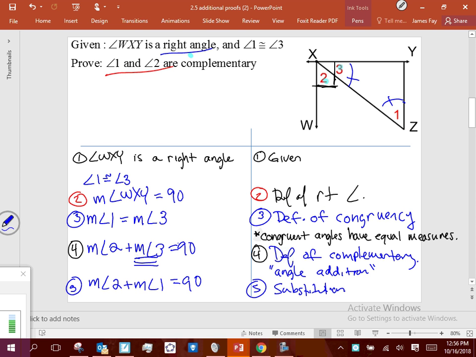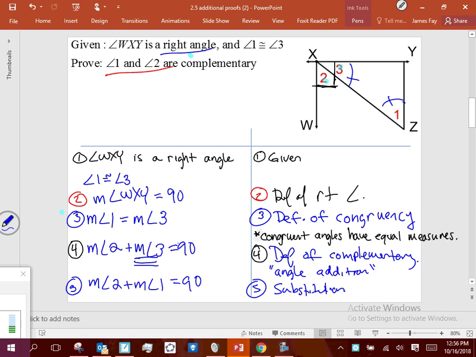And the idea here, guys, is, you might be thinking, well, he knows what he's doing. He knows what the steps are. This is the second time I've done this proof. I did it with first period, and that was the first time I did it. I'm just being able to recognize patterns that I've seen in the past, and I know that once I have a phrase that says we have addition equal to a total, a general idea is to be able to replace one of those parts or both those parts.